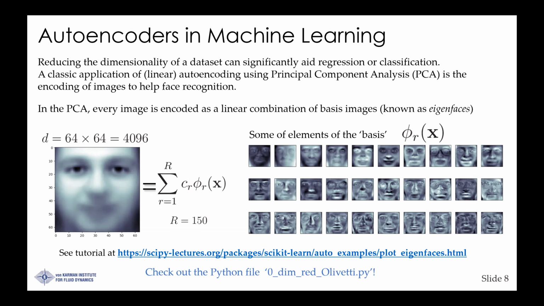They look like ghosts, but essentially the idea is that all faces can be written as a linear combination of these ghosts. What happens in this exercise is that you can show that an approximation with 150 ghosts is quite good. It means that I need 150 modes or ghosts to represent something which lives in a 4096 dimensional domain.